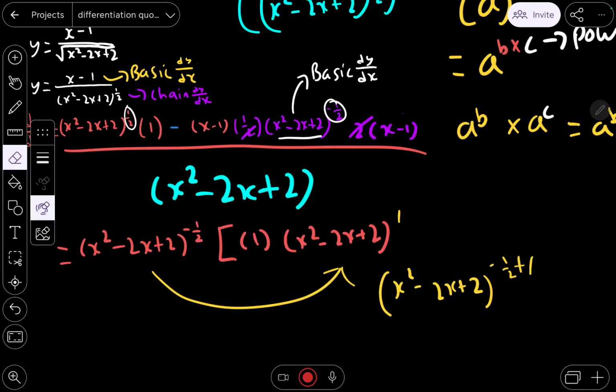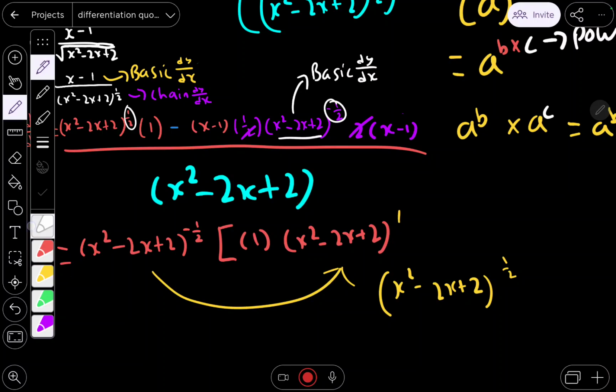Because negative half plus 1 is just half, so isn't it just like that? That's why we need one more set to make it the same.